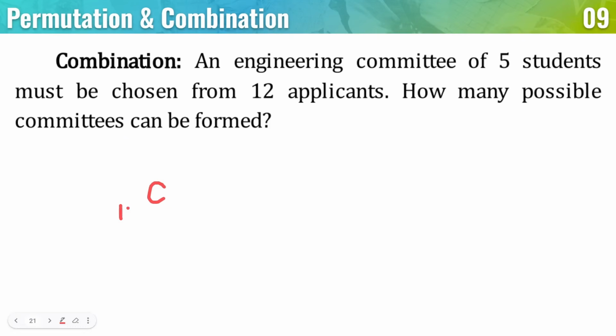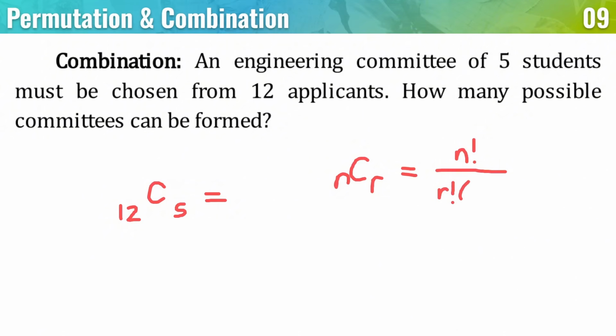So we need 12C5. When we have nCr, it can also be expressed as n factorial over r factorial times n minus r factorial. Note the difference here.